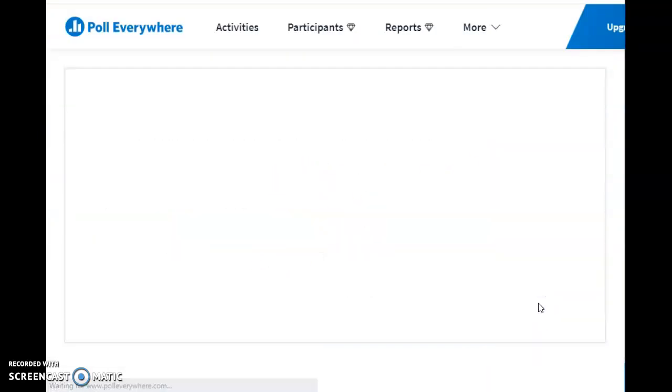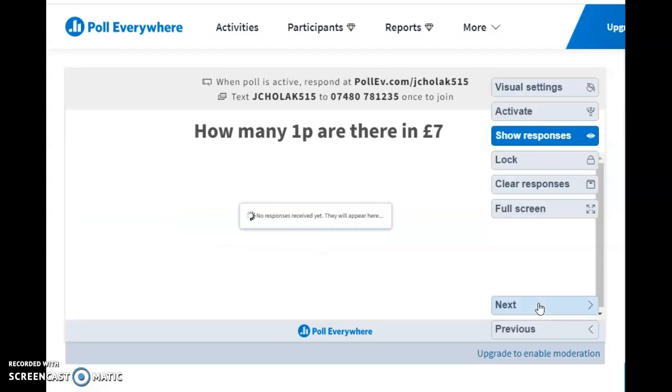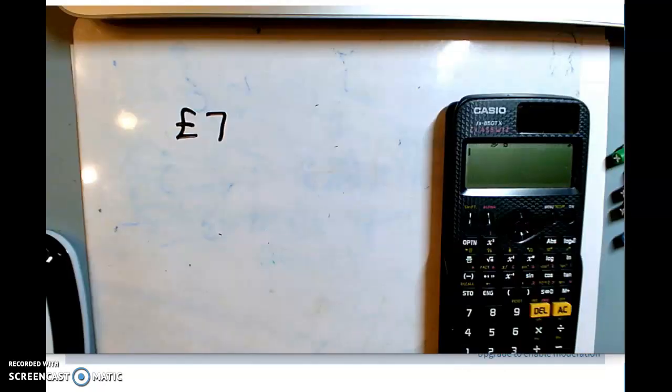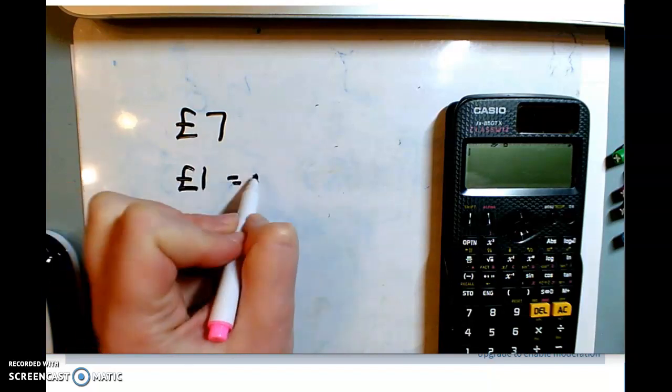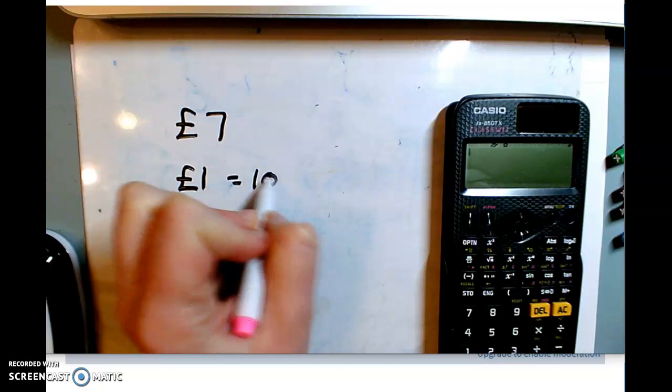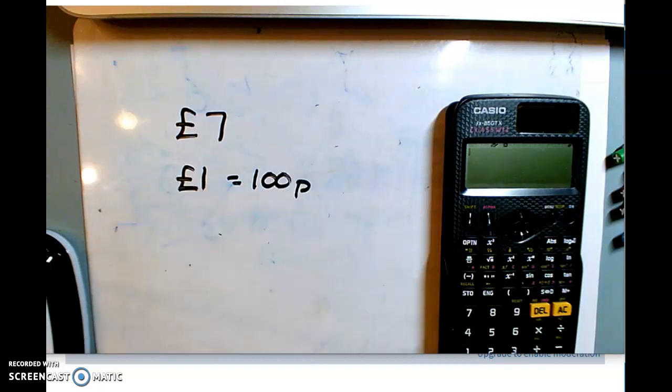Let's look at another question. Okay, this one here. How many 1p coins are there in 7 pounds? So let's take a look at this. Well, in 1 pound, we know that's equal to 100 pennies, so 100p.